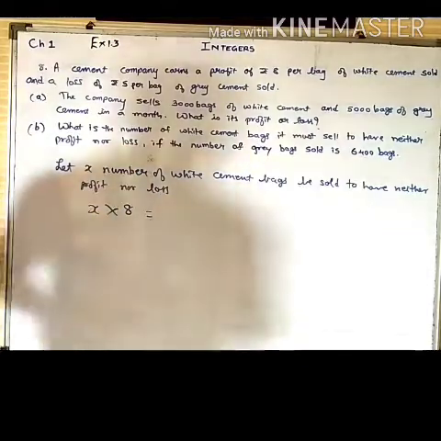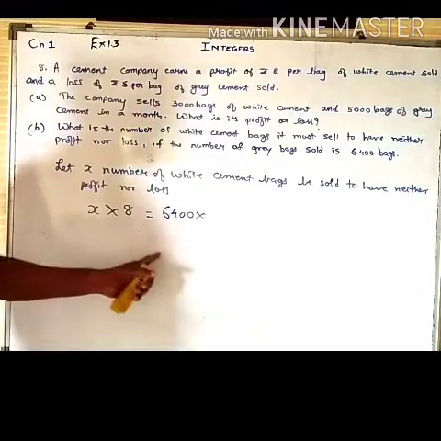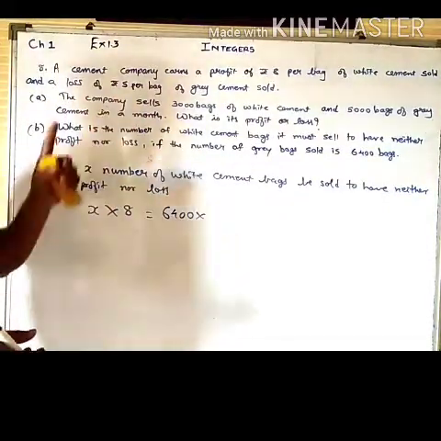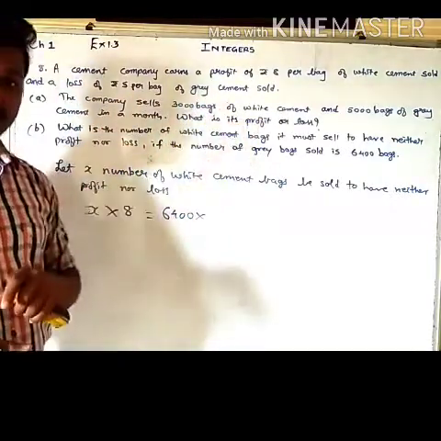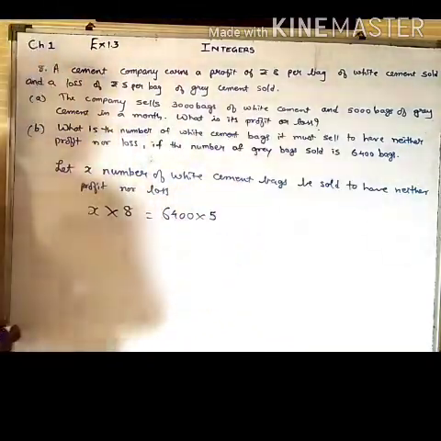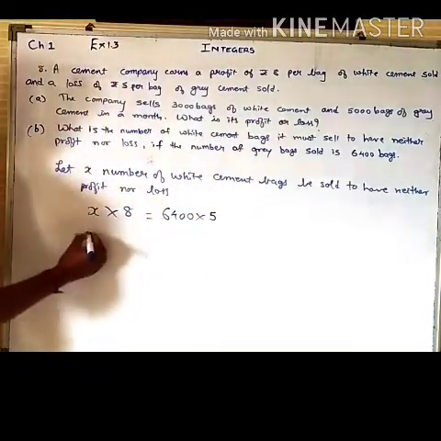The number of grey cement bags is given, that is 6,400, and we will multiply 6,400 with 5. Why? Because there is a loss of 5 per bag by selling grey cement. We will multiply it by 5. Now we need to find the value of X, that is the number of white cement bags. So what will we do?